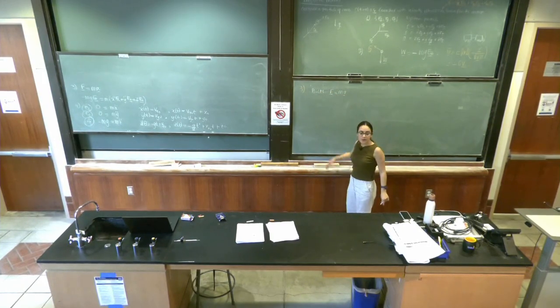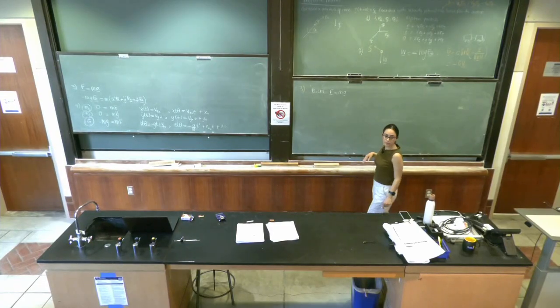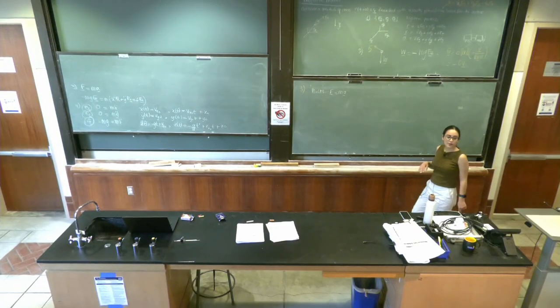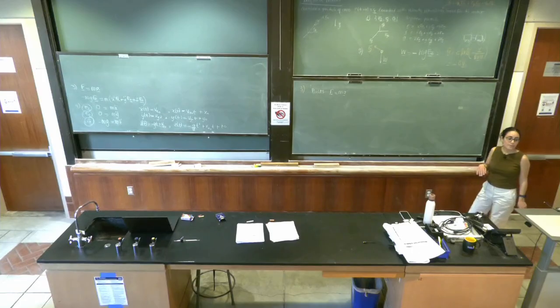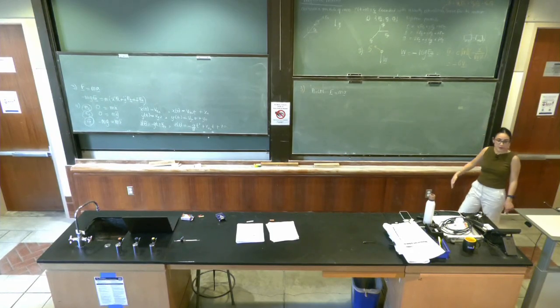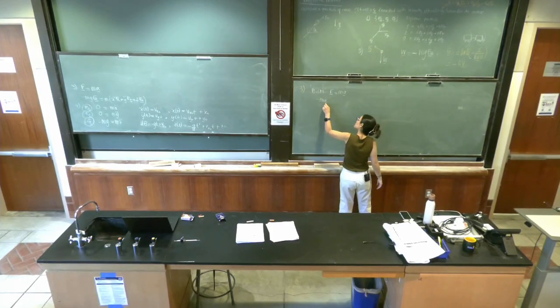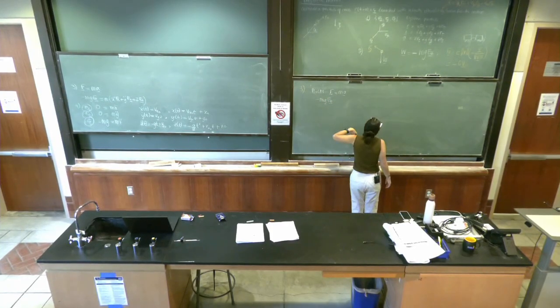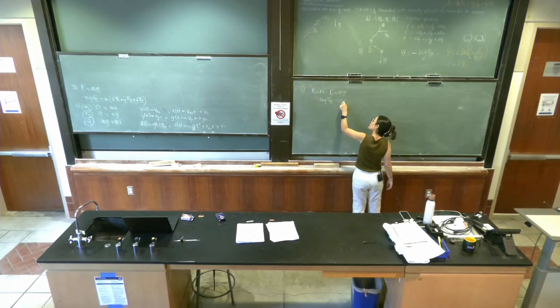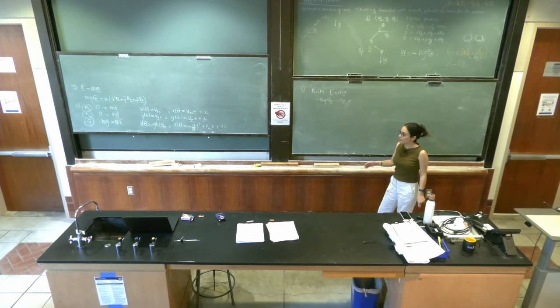And what do I put here for F in this equation? Yes, I have to put the weight and I have to put the drag force, right? So the weight is minus mg Ez. The drag force is minus cv. And ma is the same as before.